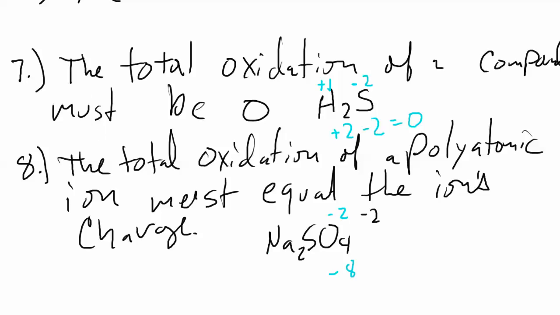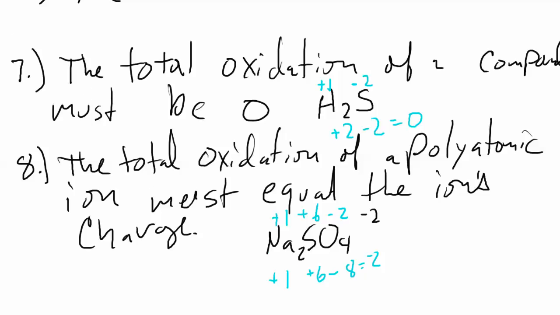So 6 minus 8 equals -2. And I'm just doing the sulfate right now. So that means that the sulfur in this compound is +6. And then for the whole compound to be 0, there's 2 sodiums, each one has to be +1. And then +1 times 2 gives us +2. So each sodium has to be +1.